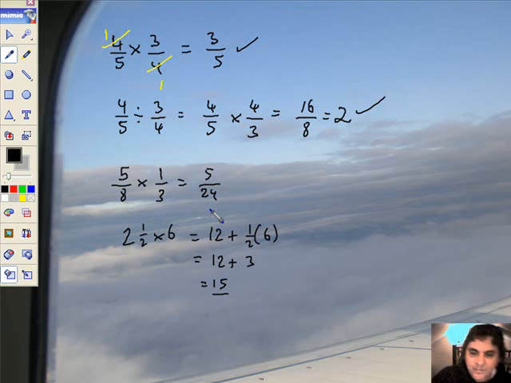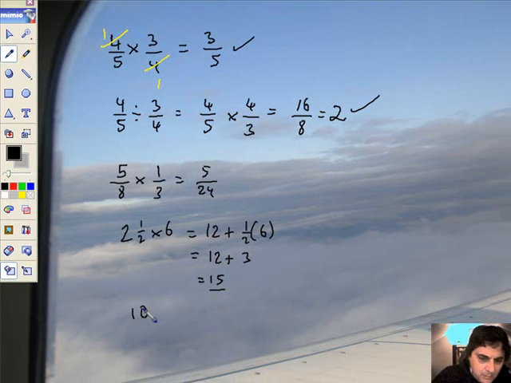Let's try this one. I've got here 10 multiplied by 2 and 3/5. Use the same technique. 2 times 10 is 20. I must add on 10 lots of the 3/5.